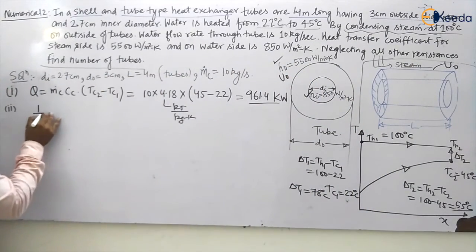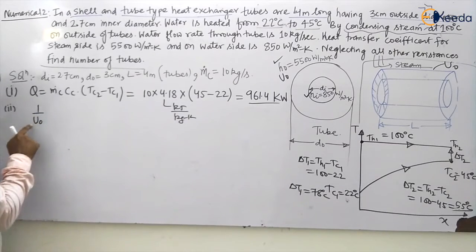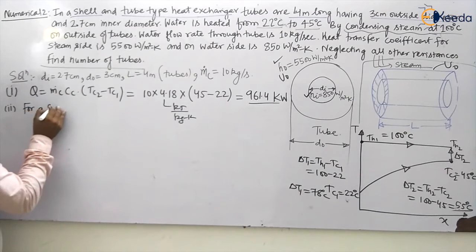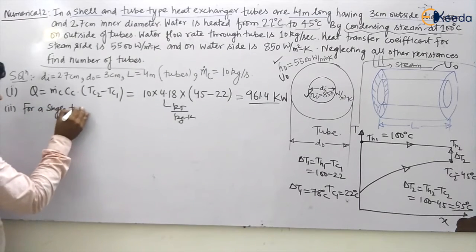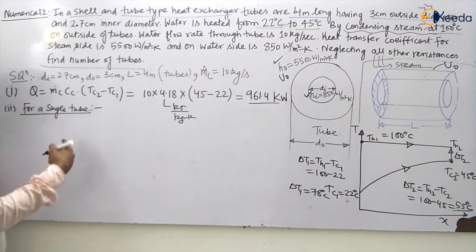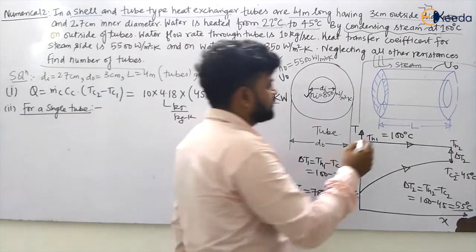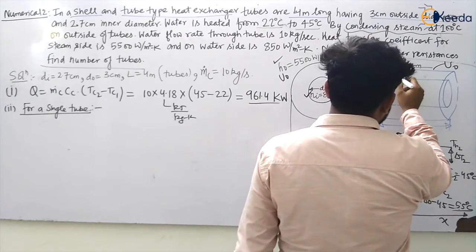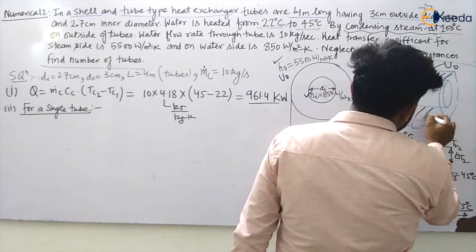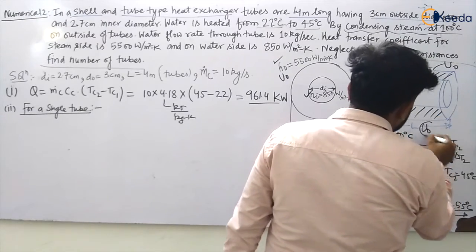I want U naught for a single tube, my dear students, because I want to calculate outside. If steam is flowing outside this tube, I want to calculate only U naught outside.